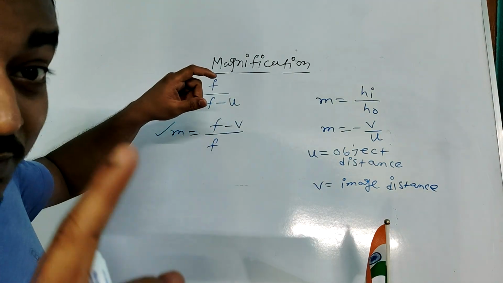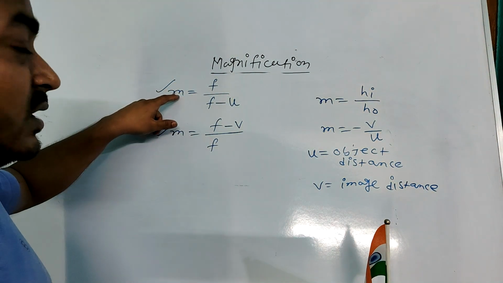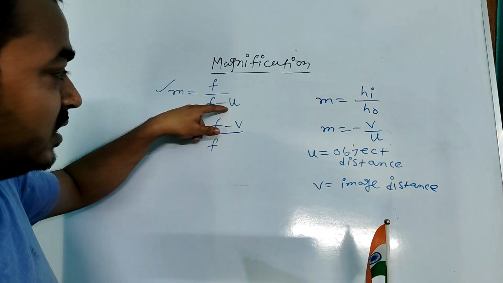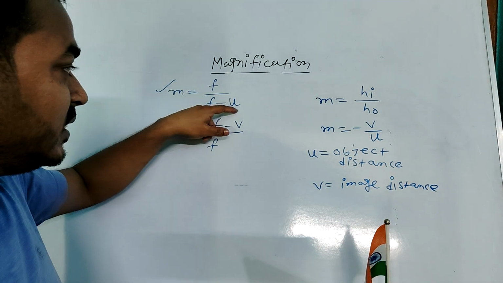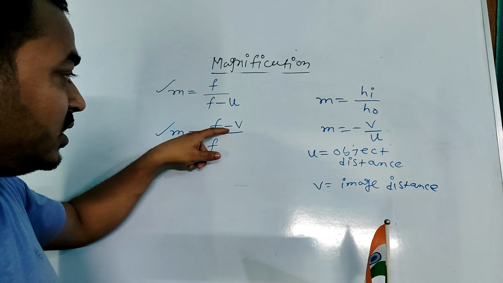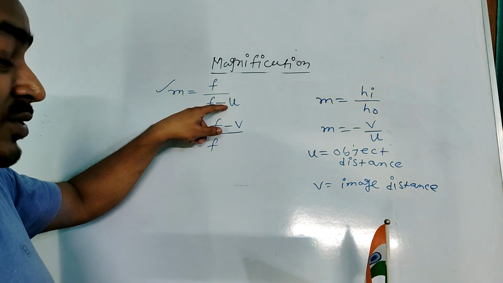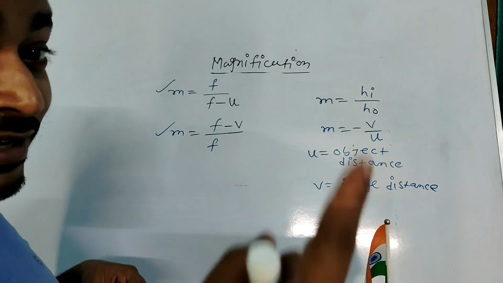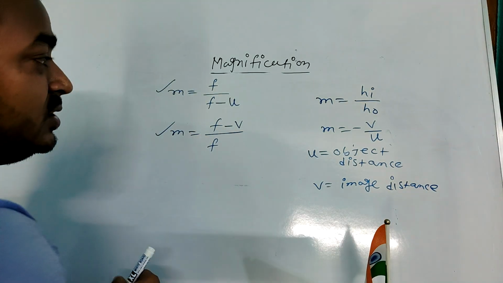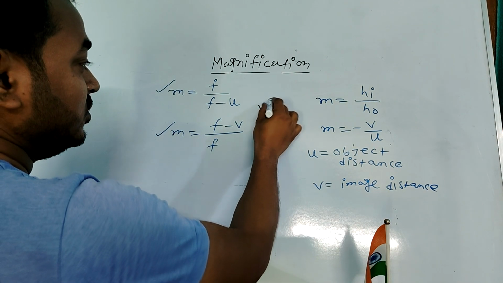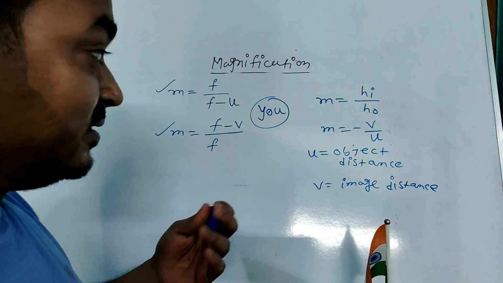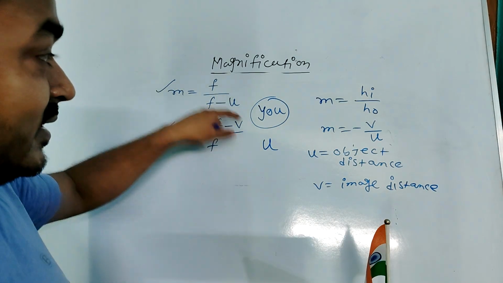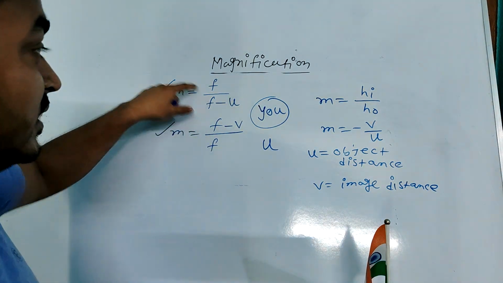So just remember one thing: if you want to find magnification, f is in the numerator, and f minus u in the denominator. You have to subtract u from the bottom, তোমাকে নিচে থেকে মাইনাস করতে হবে, then you will get magnification.